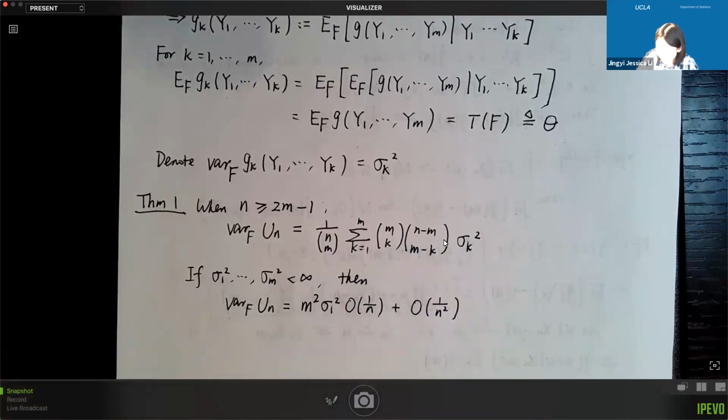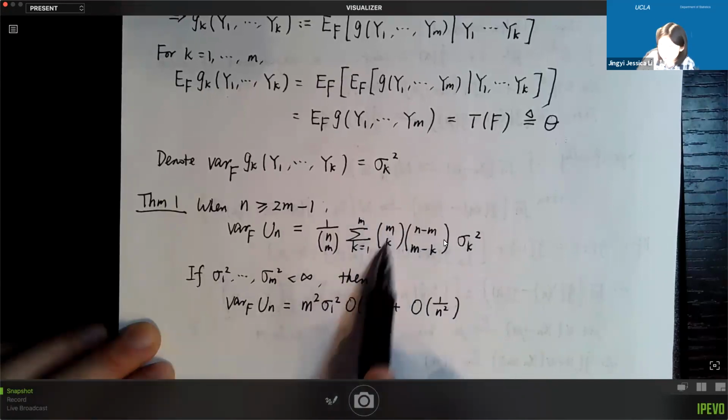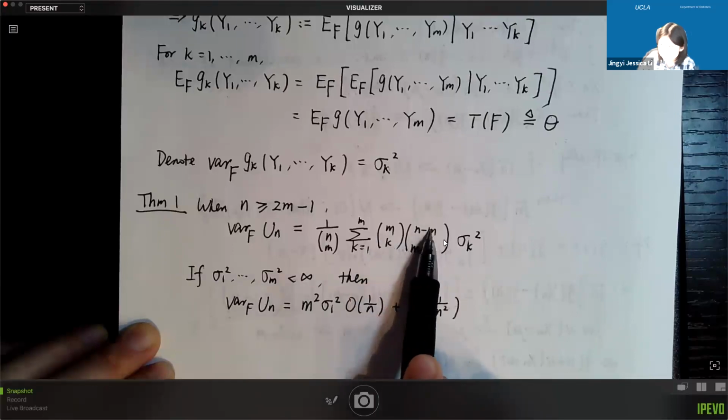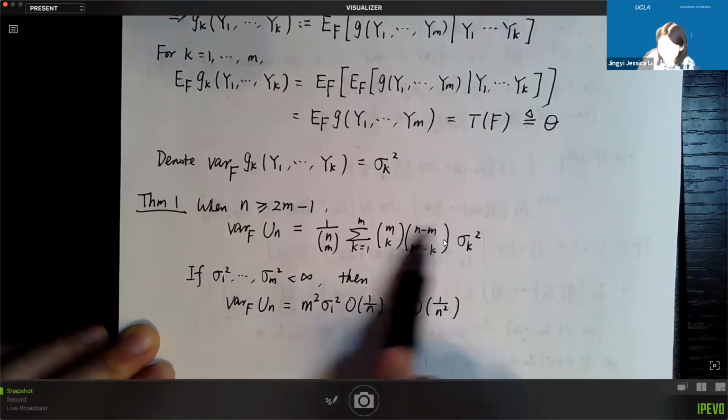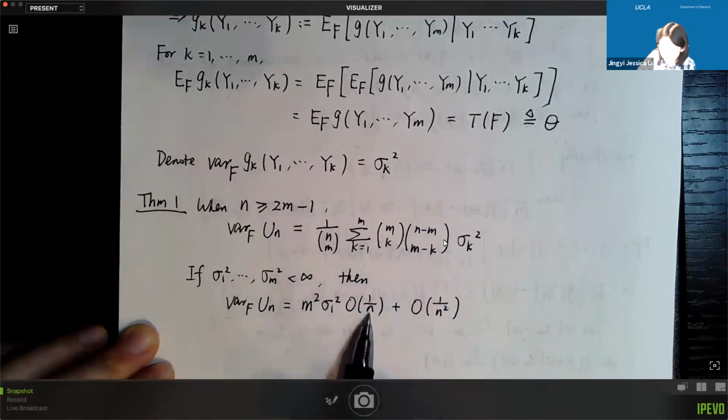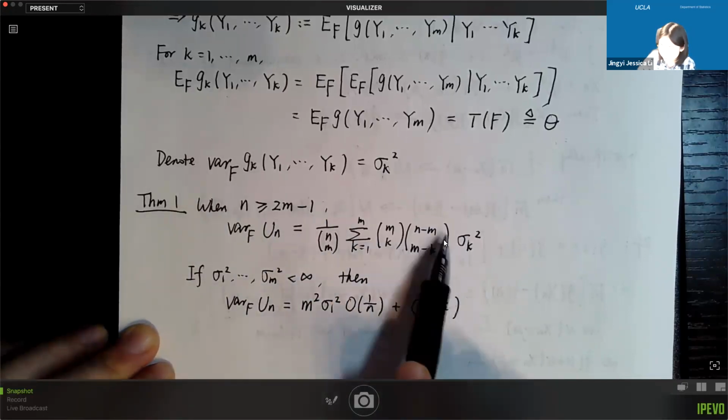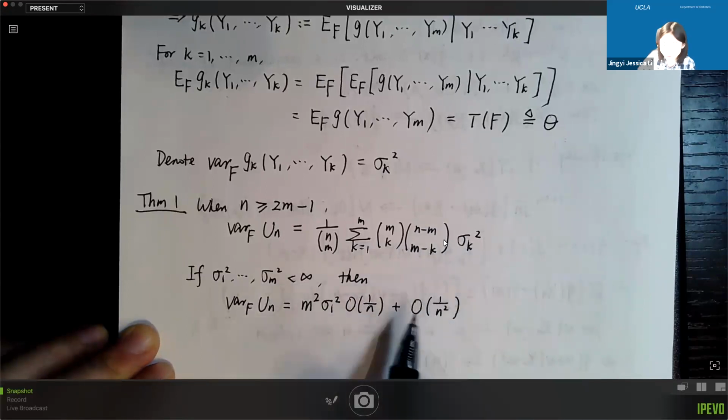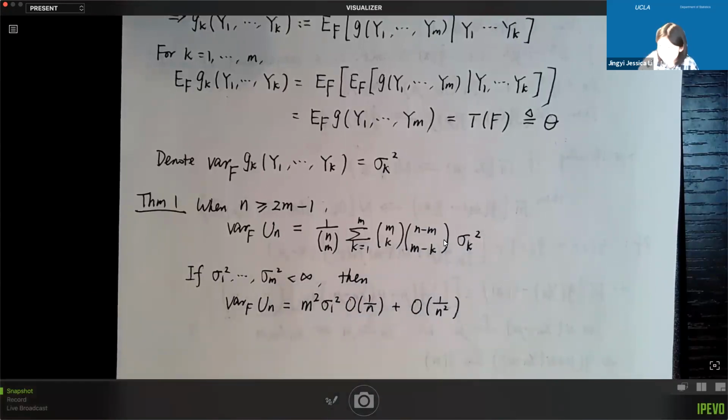In that case, k is 1, so m choose k is m choose 1, which gives me an m here, and here I have n minus m choose m minus 1, so I also have a lot of things to choose from. After some cancellation, which we'll see later, I get the order of 1 over n, and I can show that the further terms are actually of smaller orders. Asymptotically, the natural result I obtain from this theorem is that I only need to worry about sigma_1 squared as the asymptotic variance.